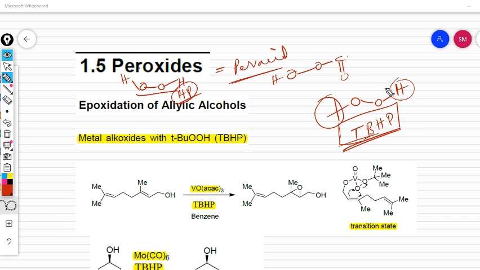Then what is the difference between hydrogen peroxide and peracid reactivity?